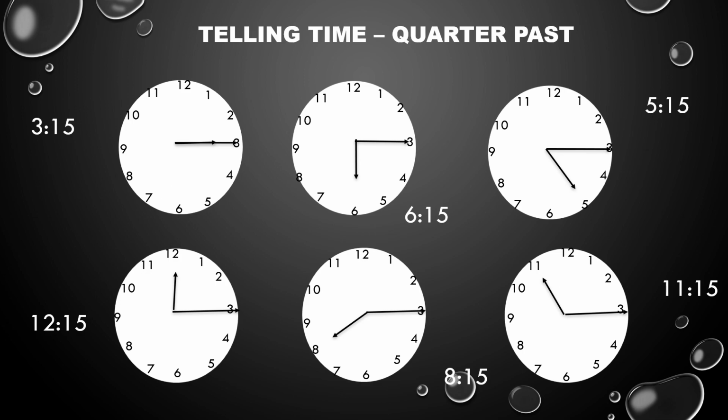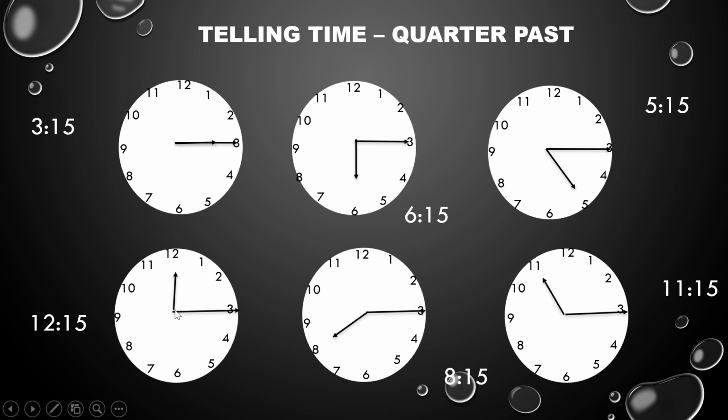Telling time, quarter past. What time is this? 3:15. It is also called quarter past 3. What about this? 6:15. Which is called quarter past 6. What time is this? 5:15. It is also called quarter past 5.